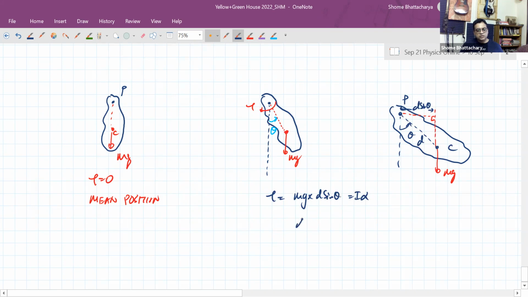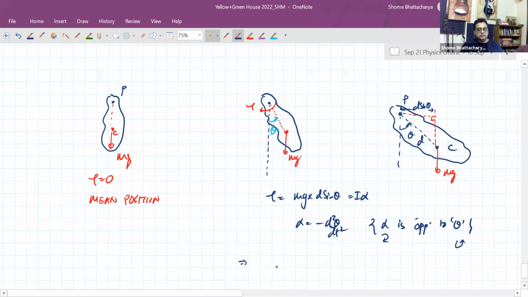Now alpha you can see will be minus of d2 theta by dt square because alpha is opposite to theta. The diagram you can see that theta is an anti-clockwise displacement and the angular acceleration is opposite that. Okay.